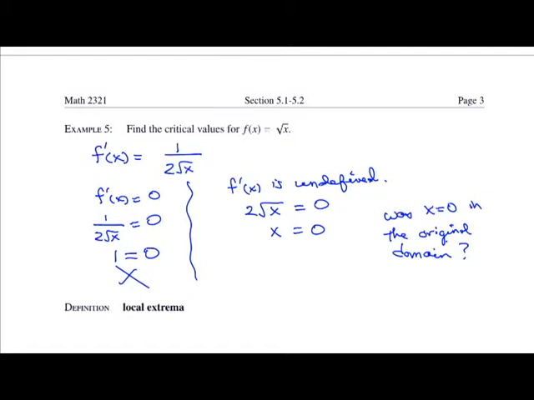Is x equals 0 in the domain of the function f of x equals square root of x? Yes. Can you take the square root of 0? Yes. So the answer is yes, and since it's yes, then that means this is the critical value. Had we answered no to is it in the original domain, then it would not have been a critical value. It's not considered to be critical.